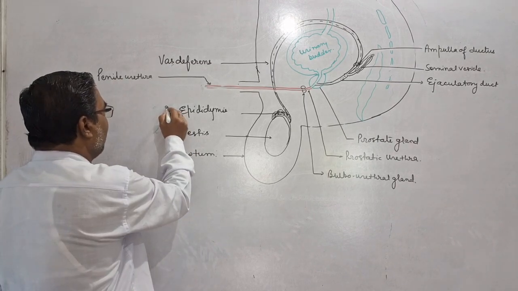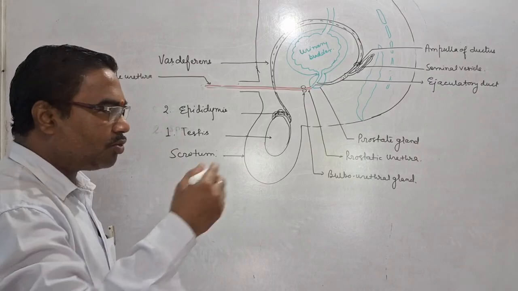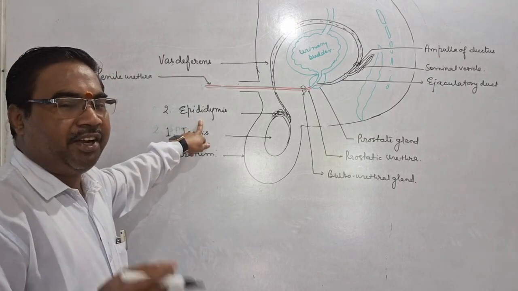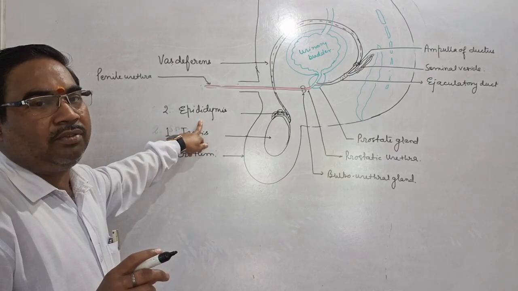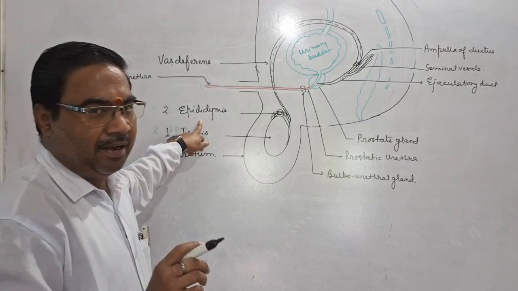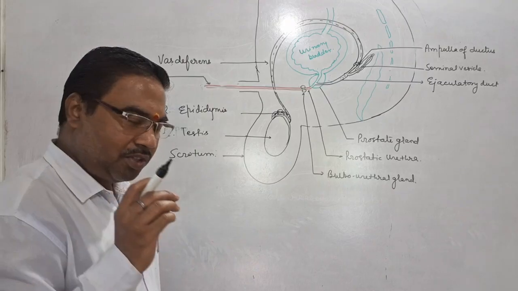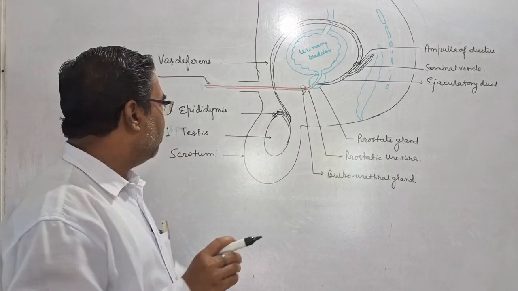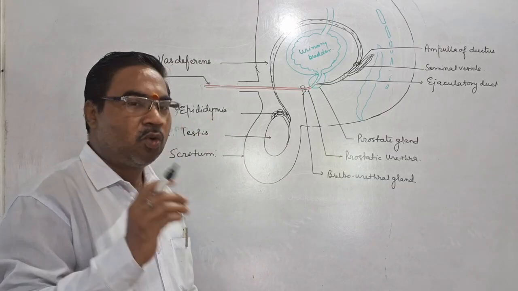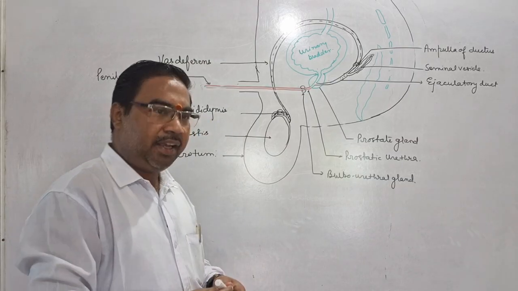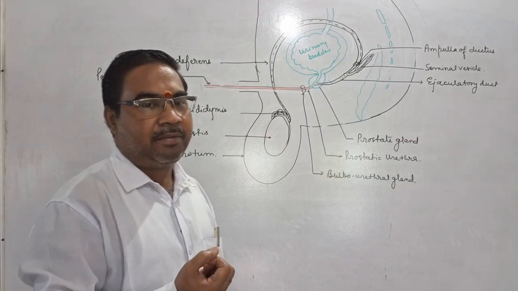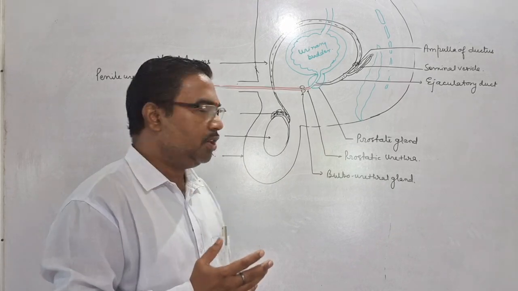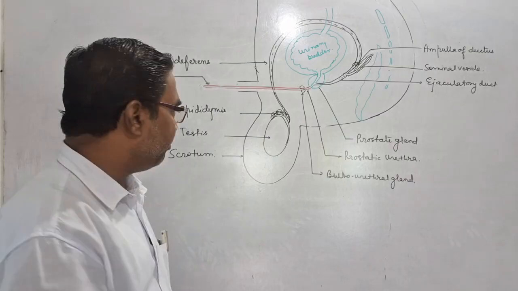Secondly, outside of the testis, the sperm is collected in the epididymis. The epididymis is the collection of vasa efferentia, where a sperm is stored for a little while, and here a sperm receives its swimming ability and its capacitation. So the epididymis has its own importance.